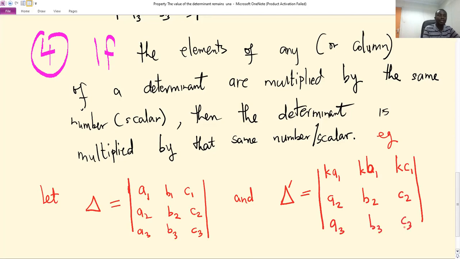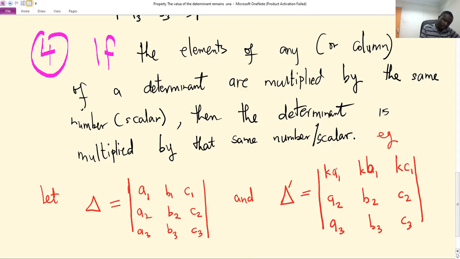So let's have these two determinants. The first determinant is A1, B1, C1, A2, B2, C2, A3, B3, C3.